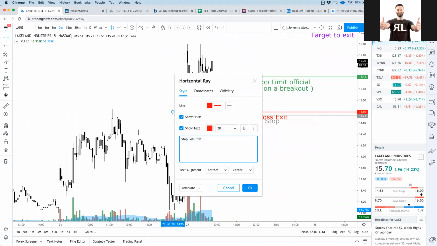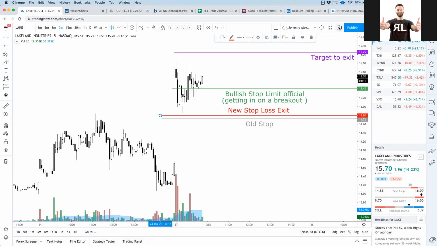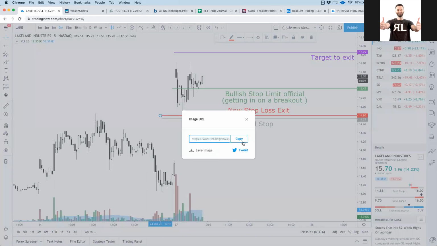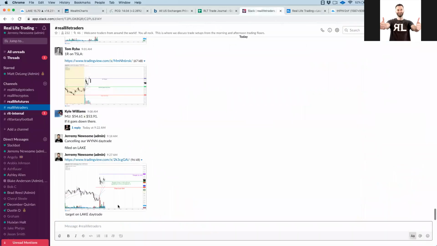It's extremely frequent. All right, so what we're going to do now is increase the stop from 1472 to 1480. Stop increase on our LAKE day trade. Type in a 1 if that's very clear that we're moving our stop.